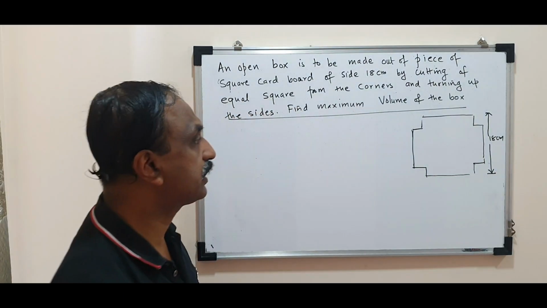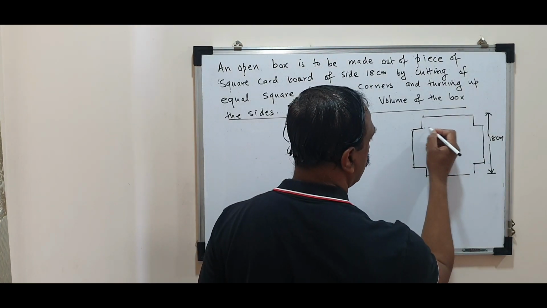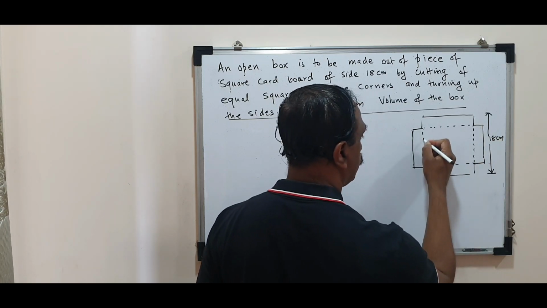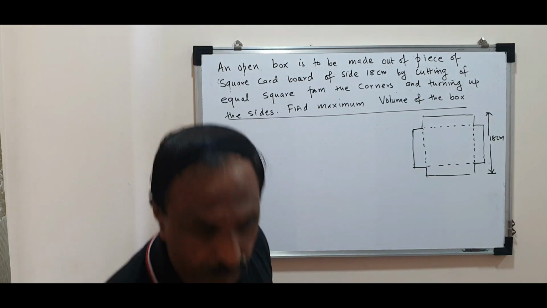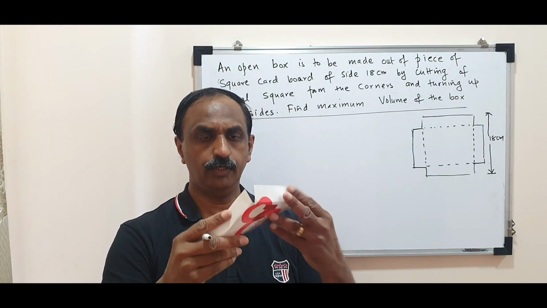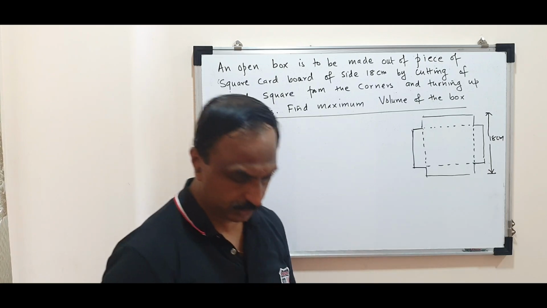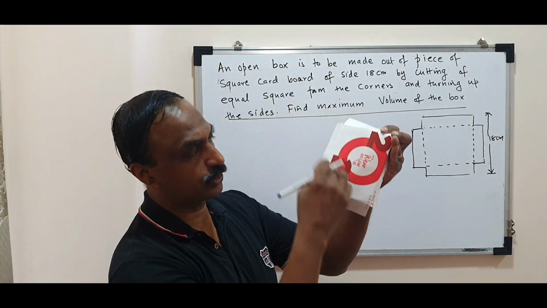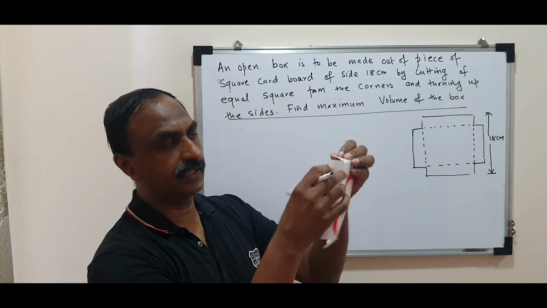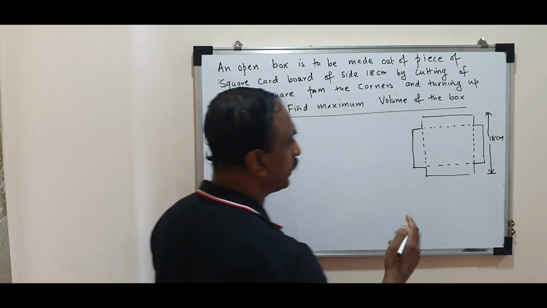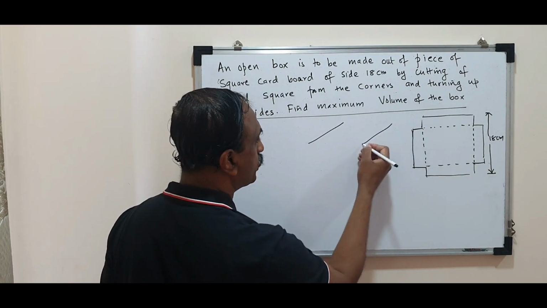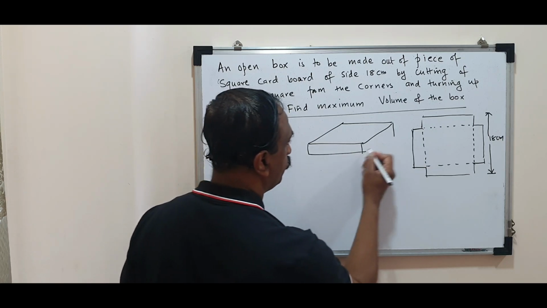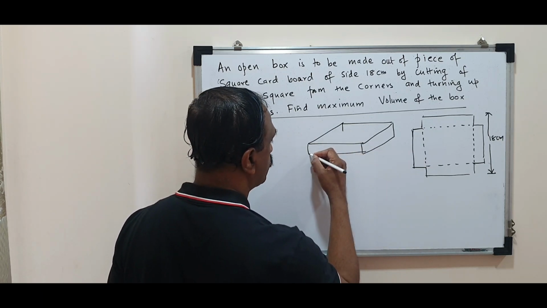Now the side cut, we do not know. We have made the box in this manner. This is the base of the box. When you fold it upward, the base of the box will be a square after cutting and folding it up. So what will be the dimension of this box?